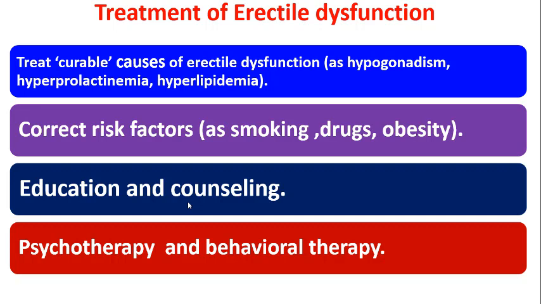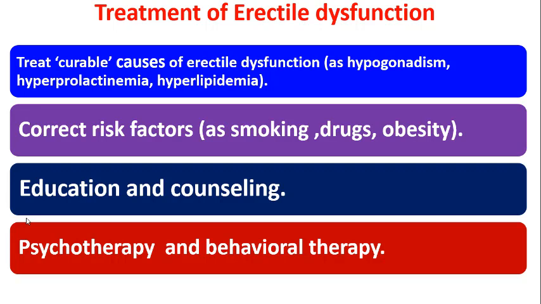The treatment of erectile dysfunction can be classified into the following points. You have to treat all curable or reversible causes of the erectile dysfunction, such as hypogonadism, hyperprolactinemia, hyperlipidemia.